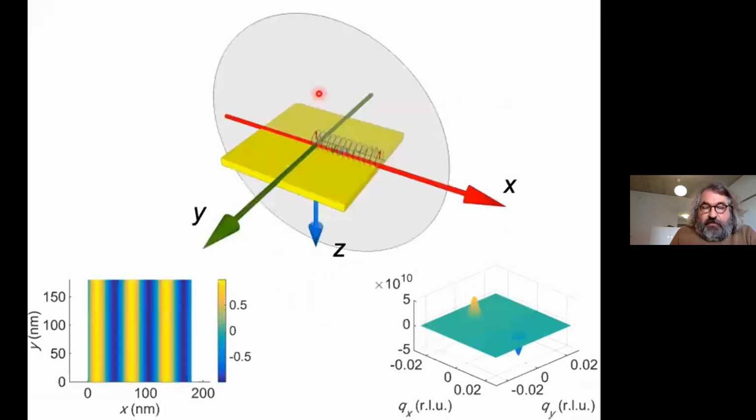It's shown here. Okay, so now I will show you a sequence of images. What you see here in yellow is the sample. There's an illustration of a helix. Gray is the scattering plane. And at the bottom left, you see a plot of the MZ component of the magnetization distribution in the helical state, in this ordered helical state.